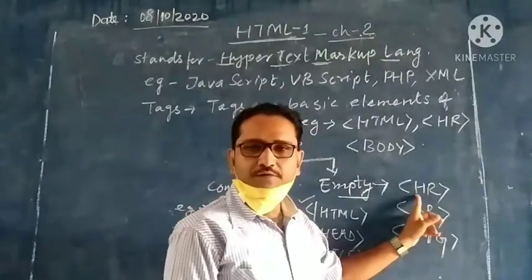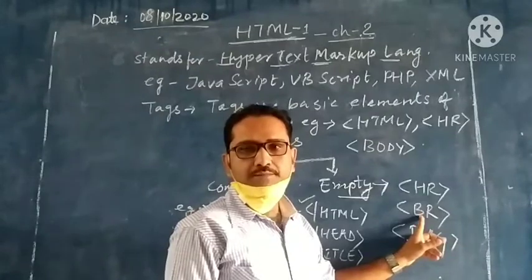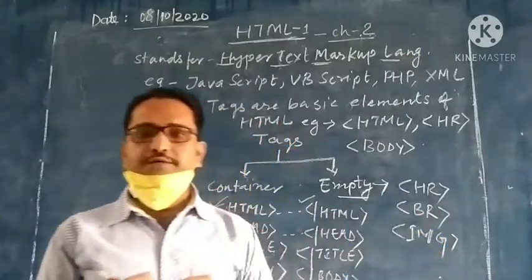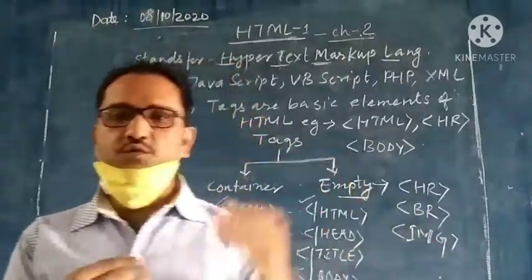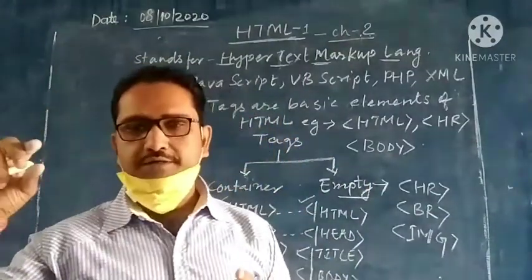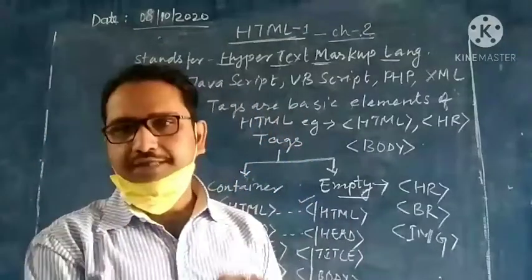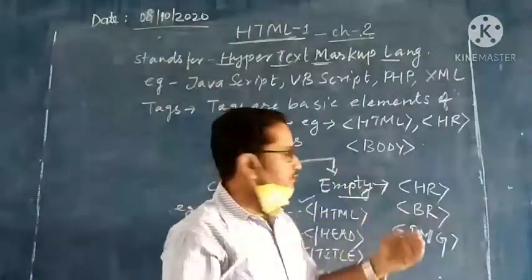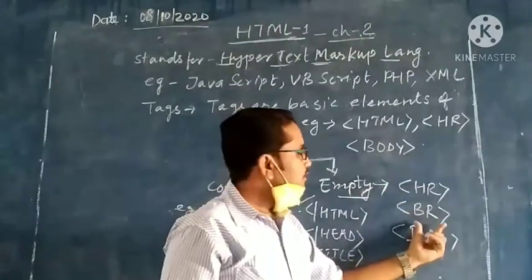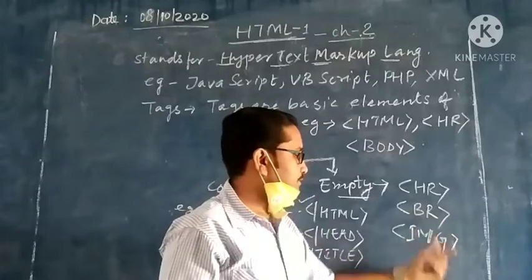HR stands for horizontal rule and BR for break, page break. Just like in MS Word or in Writer we use a page break or the enter key, to move to the next line we use BR as a command in HTML.